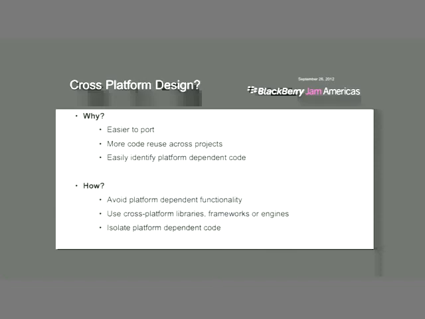And design your code in such a way that it's easy to identify the platform-independent code. So you want to use as much platform-independent functionality as possible, use some of the common libraries and engines, and isolate it. So we're going to discuss some of that.